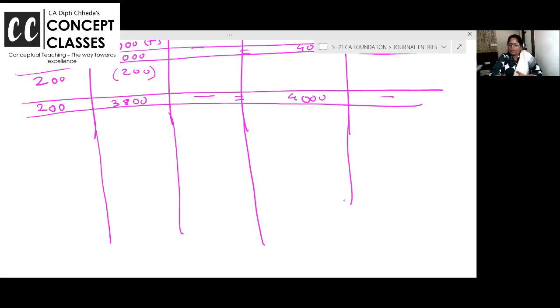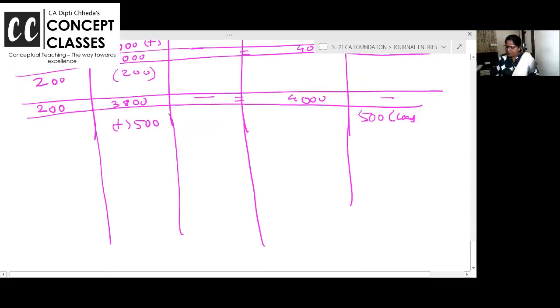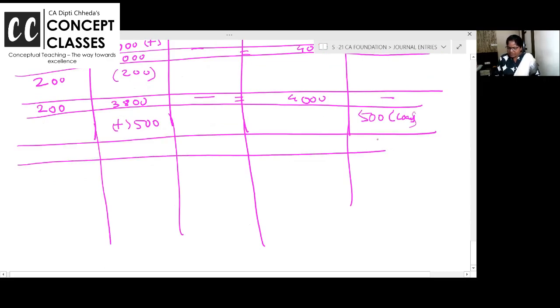Yeah, sure. Third one. Loan is taken from Y. So bank balance is increasing because you have taken loan and your liability will arise now. Liabilities में in bracket you can write loan 500 rupees.